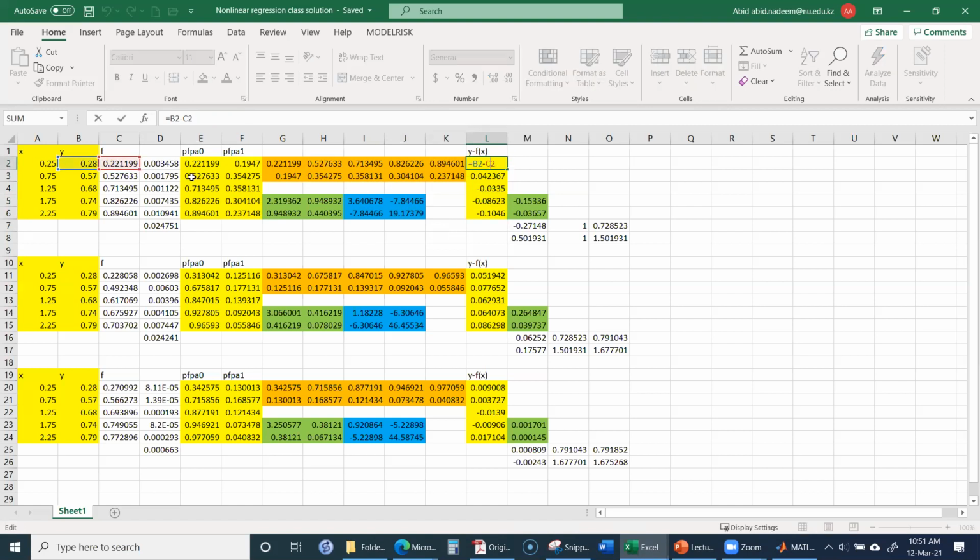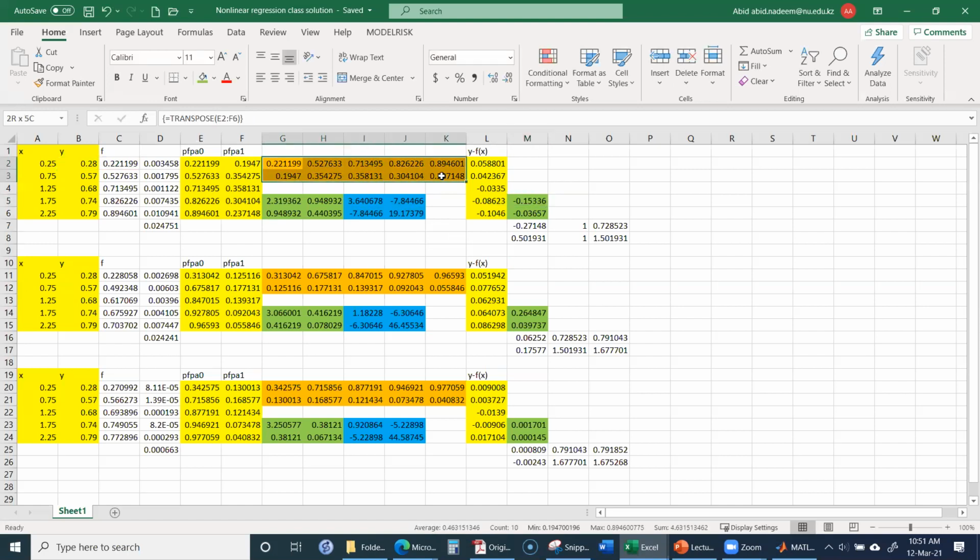Here I have the multiplication of the transpose of the Z matrix and the D matrix. So I have got this matrix, and now I have multiplied the inverse matrix with this, and then I got the delta A values.